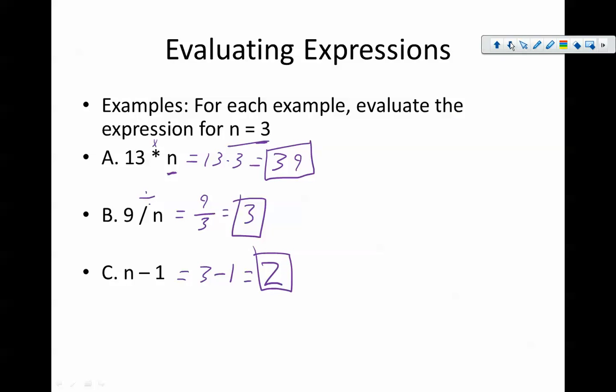And then finally, an addition problem, n plus 8. We replace the n with 3. That's 3 plus 8, and that's 11. Notice these are all one step. We're going to do some order of operations in section 1.2, but for now, we're just making sure we can do the evaluation, the substitution here.